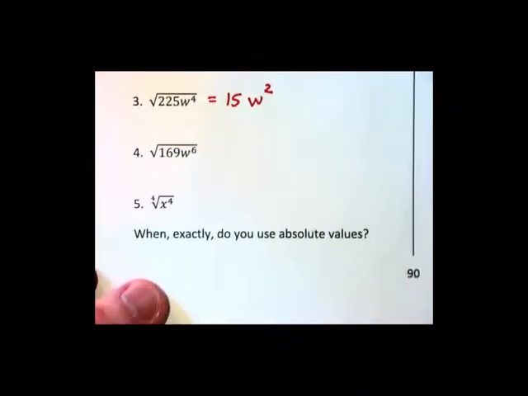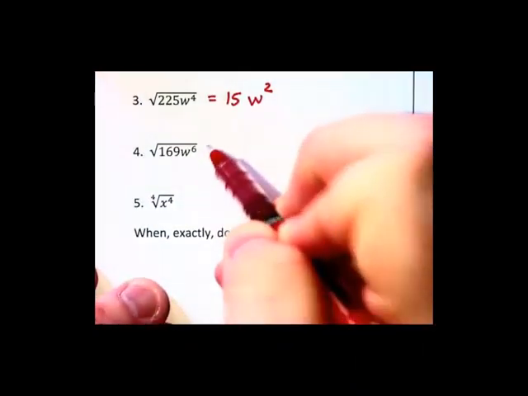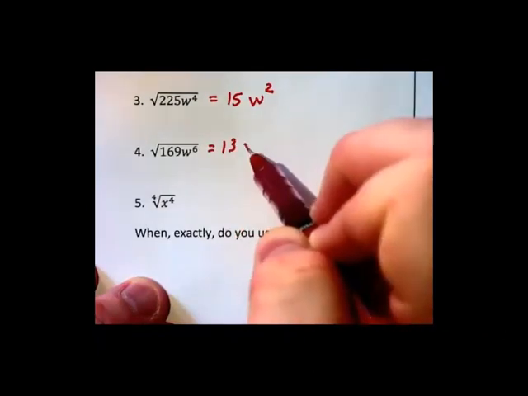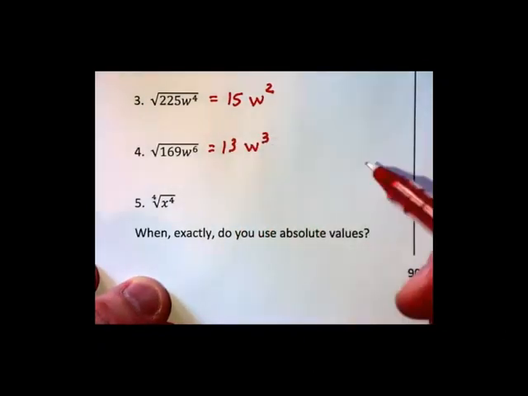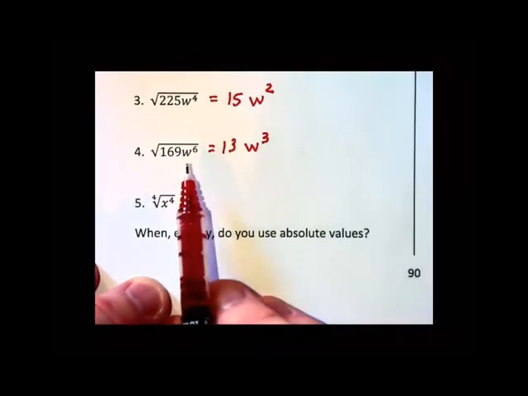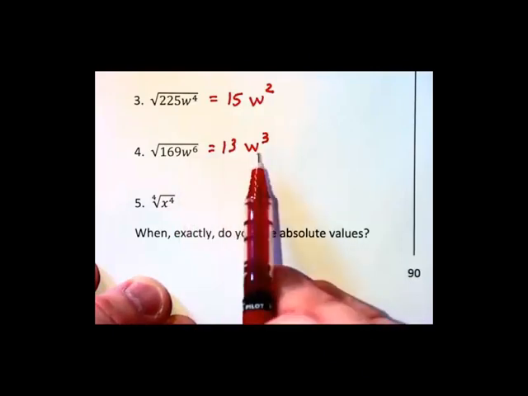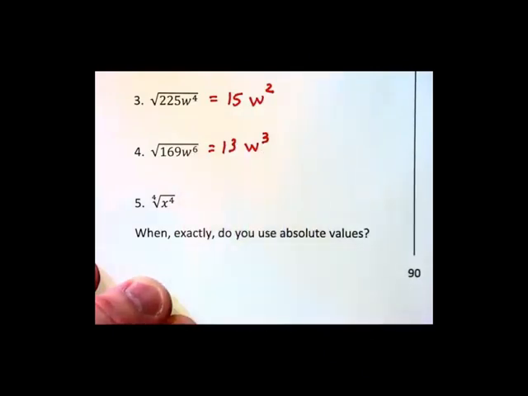On the square root of 169, that is equal to 13, and the square root of w to the 6th is w to the 3rd. It is correct to say you can cut that exponent inside in half, the 6 cutting in half to give you that 3.